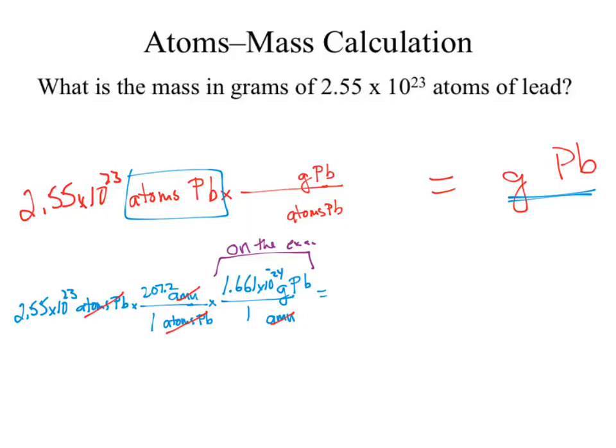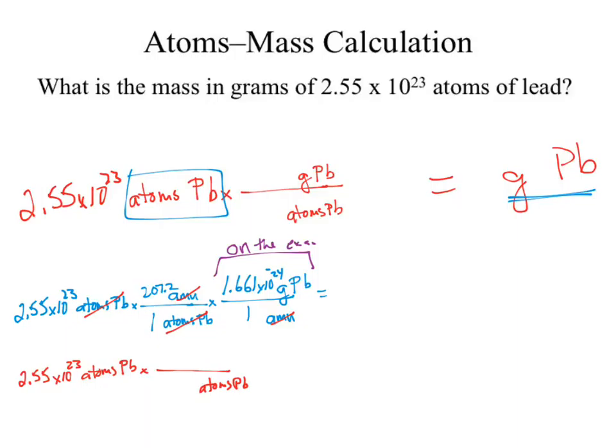Is there another way we could go through and do this conversion? The answer is yes. Yes, there is. 2.55 times 10 to the 23rd atoms of lead. Our atoms of lead will still need to be on the denominator.